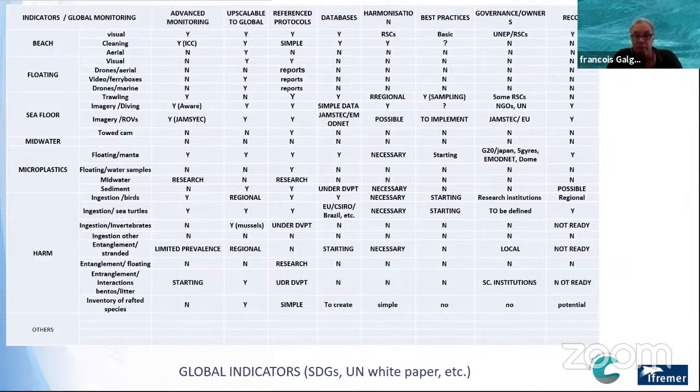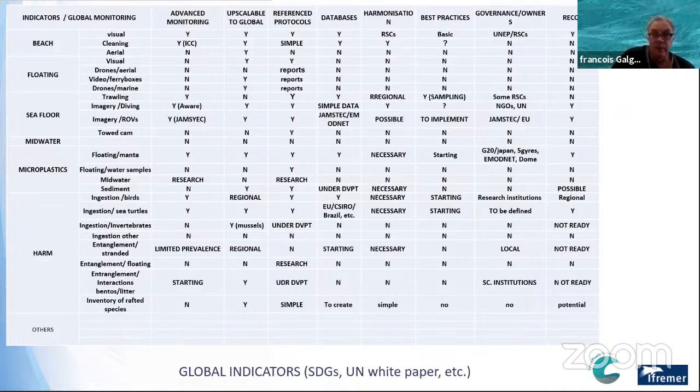It's not done yet. I mean, nobody has yet selected indicators for more global monitoring, but we do have our arguments. Again, if I take the example of seafloor, for instance, trawling cannot be upscaled to global just because many countries don't trawl at all. They don't have bottoms that are trawlable, and so it's impossible to collect any data. And then imagery by diving or ROV, for instance, would probably be more interesting, as I was explaining before.